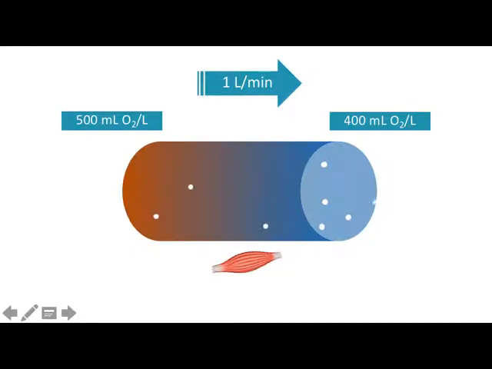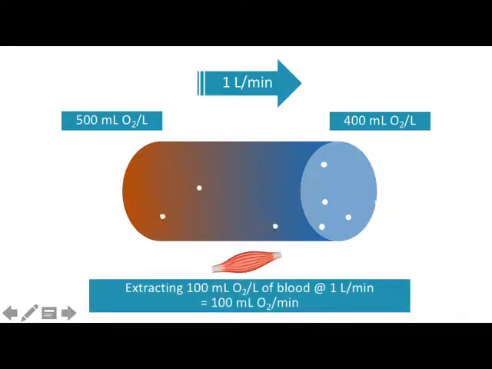You can put the numbers into the equation, but you can use logic and figure it out. It makes sense. We're extracting 100 mils of oxygen per liter of blood, and that blood is moving at 1 liter per minute. So if we simplify, we're extracting 100 mils of oxygen per minute at this tissue.